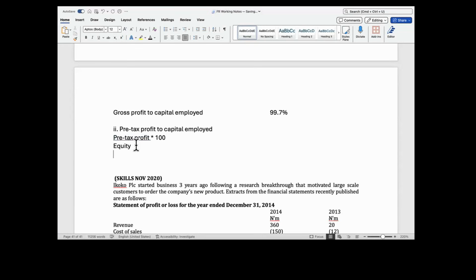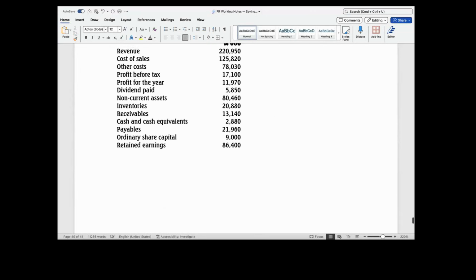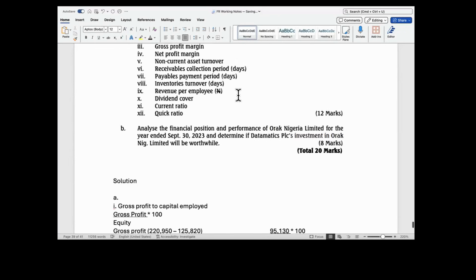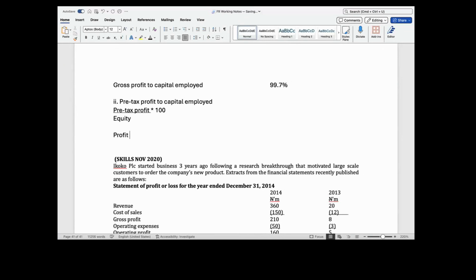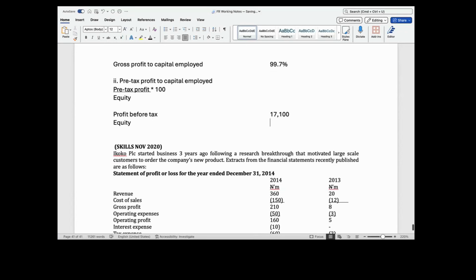If they had given me debt, I would have used equity plus debt. So I was given profit before tax as 17,100 from the question. And I already know what my equity is. That is up here, 95,400.